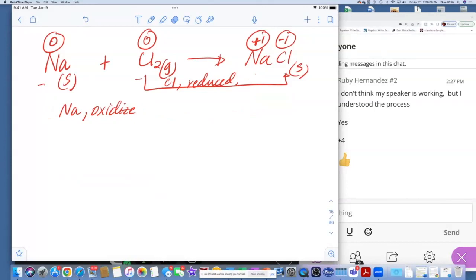So, because of what they do to each other, we'll say here that sodium is actually a reducing agent because it causes reduction in chlorine when it shows up to the reaction. Okay? And then chlorine is reduced, but at the same time, it's an oxidizing agent.